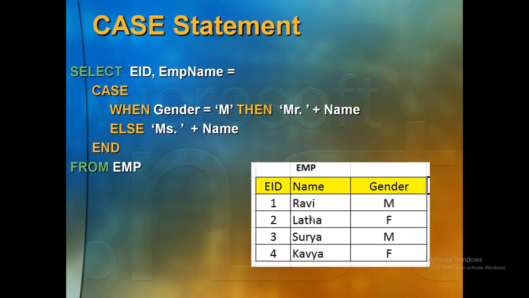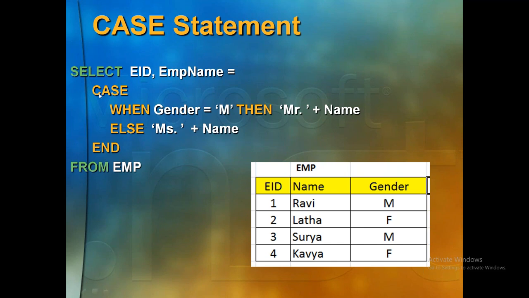So Mr. Ravi, Miss Lata, Mr. Surya, Miss Kavya. This is how you get the employee name with titles and everything. Clear?